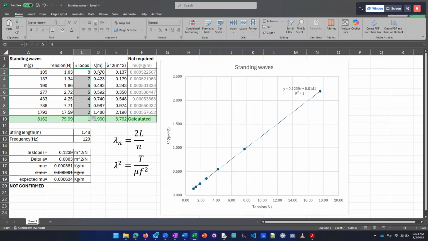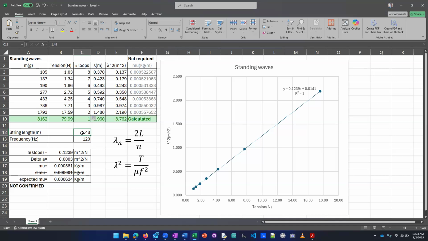Okay, so calculating the wavelengths, and as I said before, the wavelength is the whole length of the string. That's right here, C12. This is what I did. I measured it. I only did it myself. Two people would have done it more accurately because one can just hold one end, the other person looks at the other end.